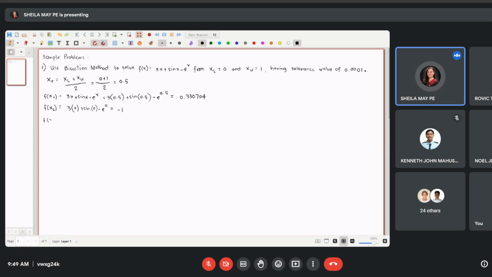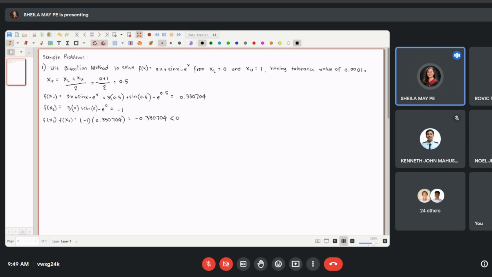So we need to evaluate, right, the function of x sub l times the function of x sub r: -1 multiplied by 0.330704 is -0.330704, and that is less than 0.